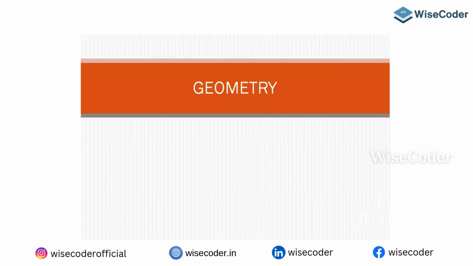The emphasis on such polygons is not as much as it is on triangles and circles. But in this chapter, we'll look into properties, theorems, and what are parallel lines, what are angles, what are triangles, what are quadrilaterals, and what are polygons.